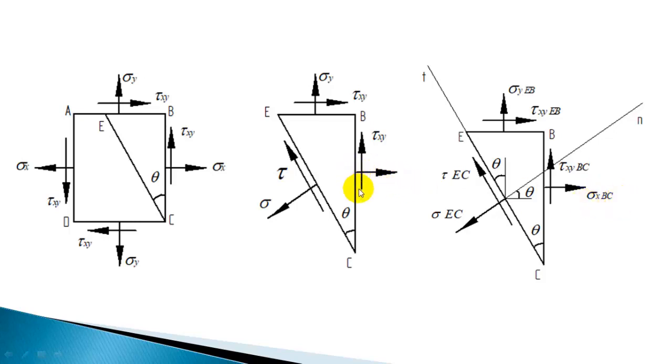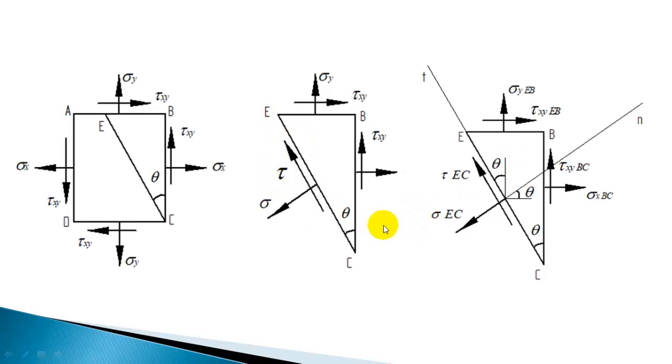Similarly, tau xy is the shearing stress acting on that face, and that shearing stress into the area of that face will give the force in that particular direction along that face. Similarly, I multiply the area EB with tau xy, that is tau xy EB, which will give the shearing force on that face, and sigma y into EB will give the normal force on that face.